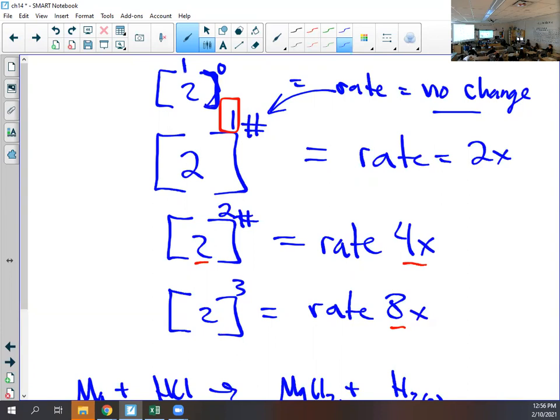I'm going to be changing these numbers and raising them to some exponent. And then let's just think about the math here. If I have a 2 in here and I raise it to a 0, what number do I get? I get 1. So no matter what I put in here, what's my answer going to be? 1.